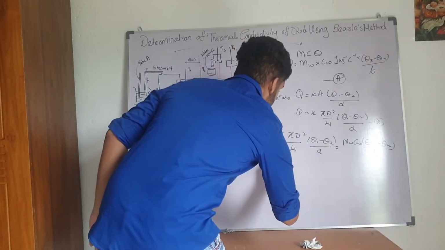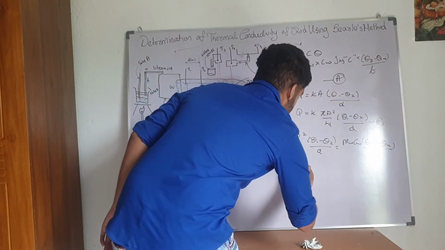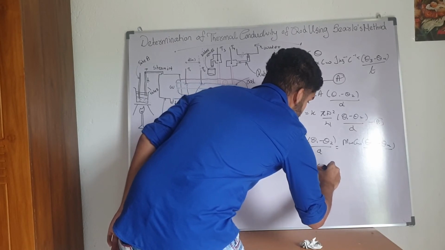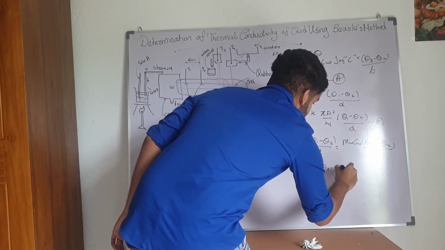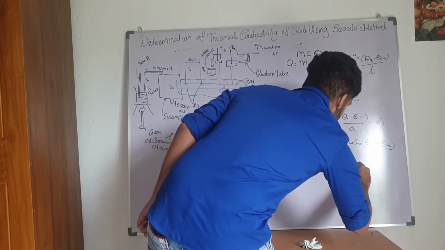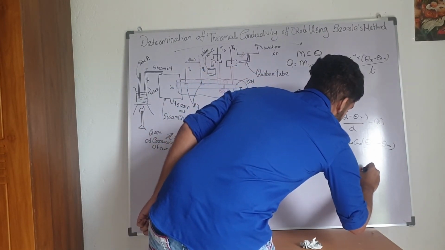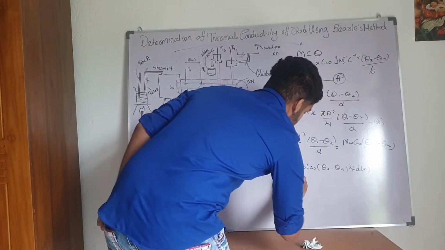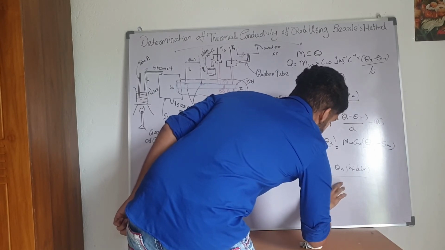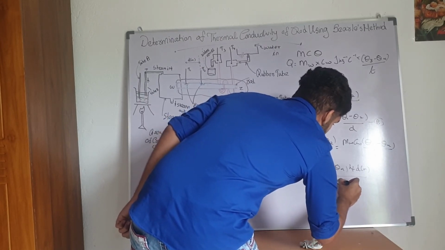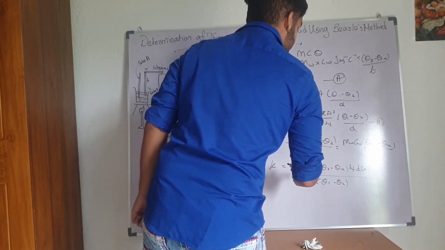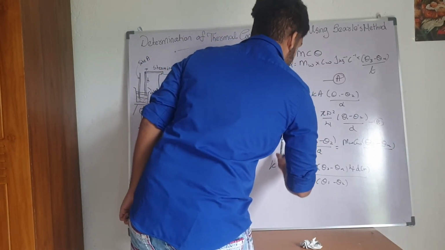So now K equals m_w c_w (theta 3 minus theta 4) times 4d, over pi d squared t (theta 1 minus theta 2).